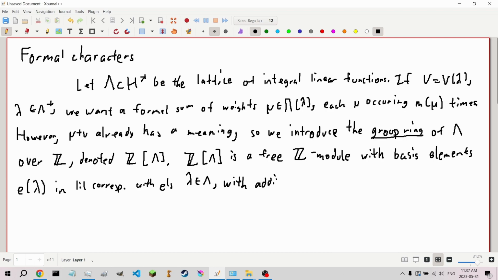with addition denoted E lambda plus E mu.